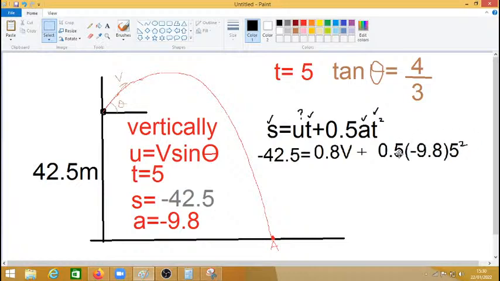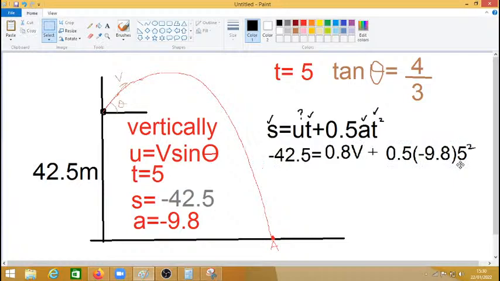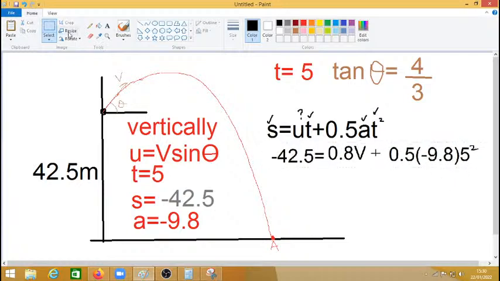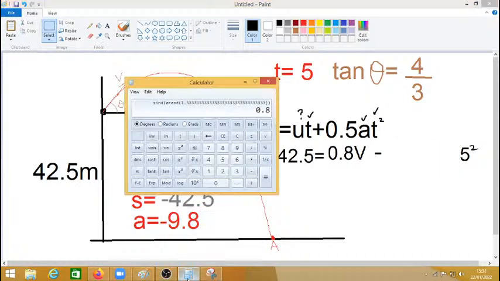Okay, so I'm just going to rearrange this very simply. I'm going to take the minus 42.5. I'm going to take the plus and the minus here and change that into a minus. I'm going to multiply 0.5 with the 9.8 to become 4.9. 4.9 times 5 squared works out to be 122.5.